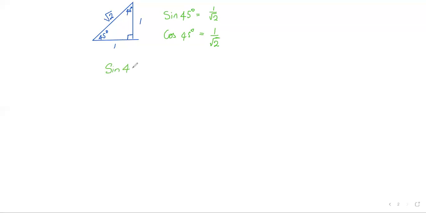Now let's have a look at simple exercises where you are given fractions like the sine of 45, let's say squared, minus the sine of 90, plus the sine of 90, divided by the cos squared of 30.